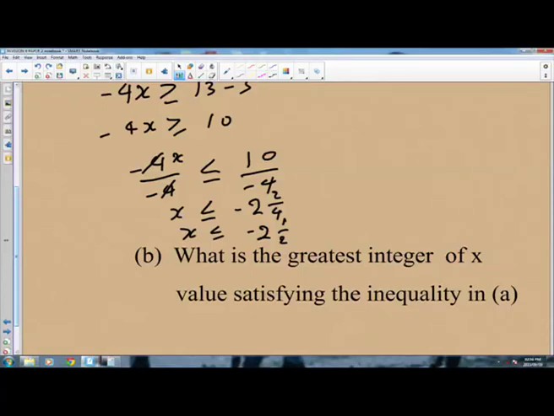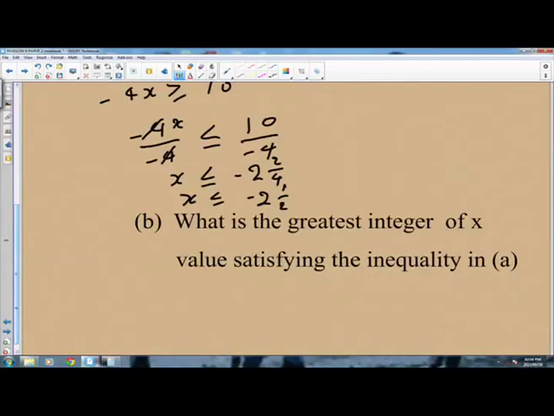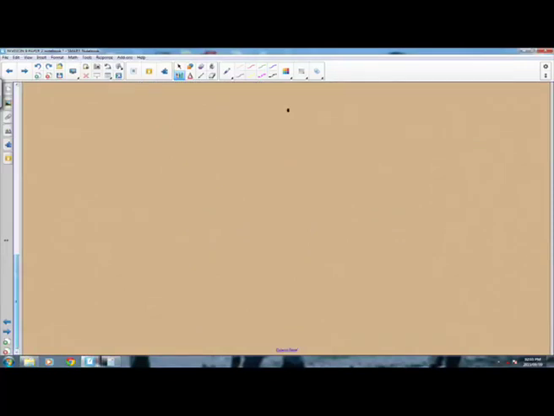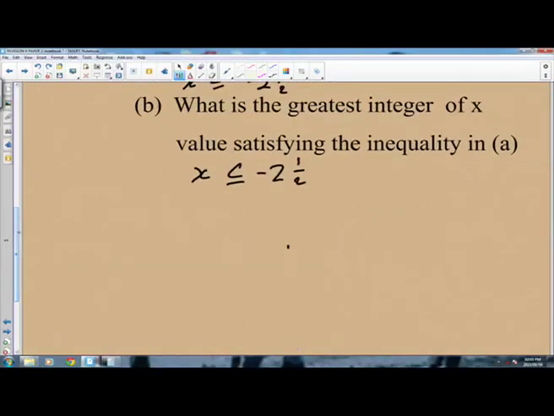We have x is less or equals to minus 2 and a half. So what are the integer values which will satisfy this? The x value should be less than minus 2 and a half.